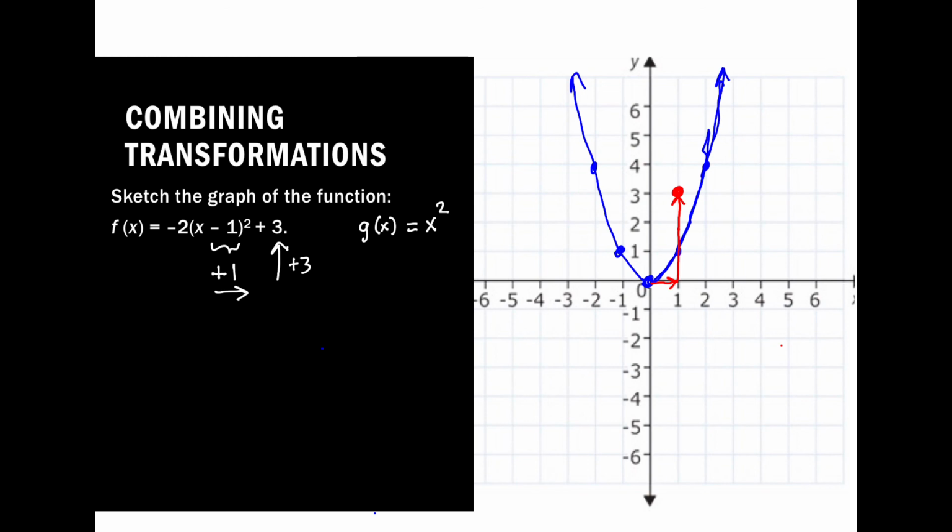So for the x value of that being at 1, I'm going to put 1 here, and then we know 3 is the result. I want to pick points around 1. So if I go 1 to the left of 1, I'm at 0, so 0 is going to be one of my numbers that I put in. And then I'm also going to go another one to the left, so negative 1.